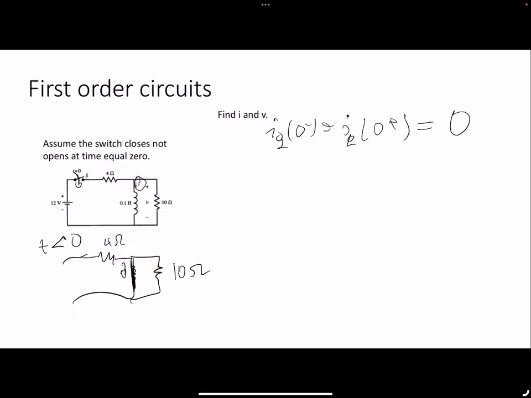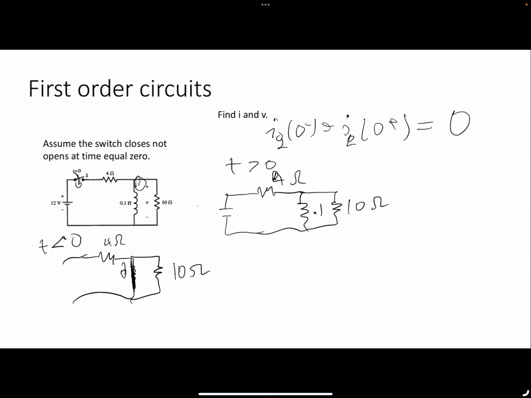Now we have to solve for time greater than 0. We have to basically solve this circuit. Now, at this point, you could solve this using our good old differential equation techniques, but at this point, we have some better machinery.